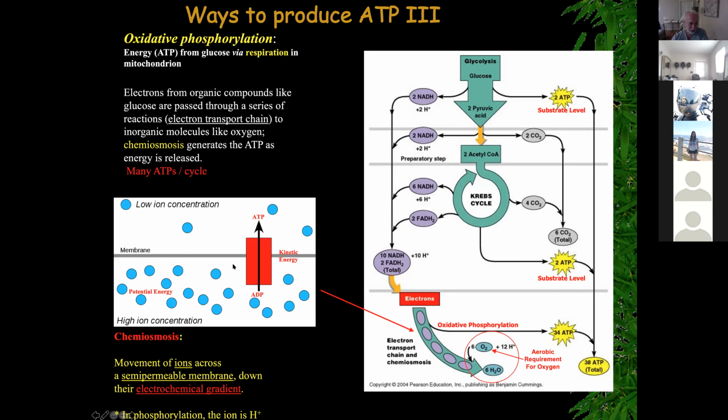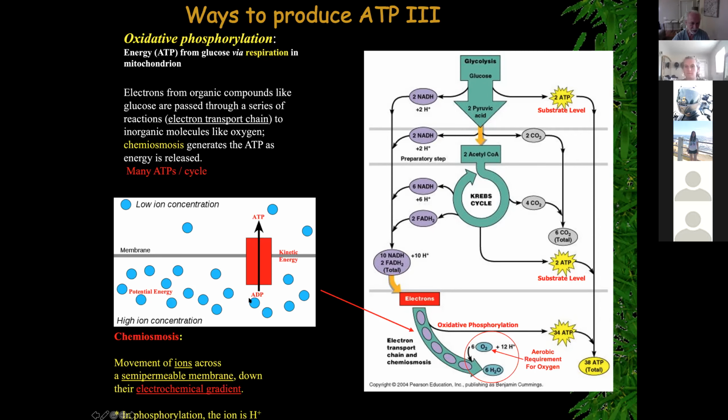I put this little diagram in, I've showed it over and over, to remind you what chemiosmosis is. It's really quite a simple process where there's a high concentration of ions, usually protons, on one side of a membrane, low concentration on the other.